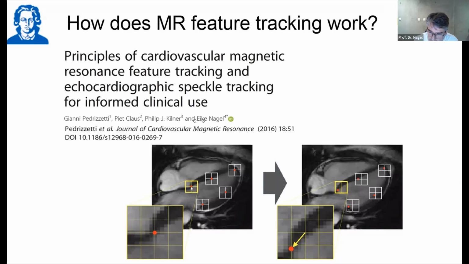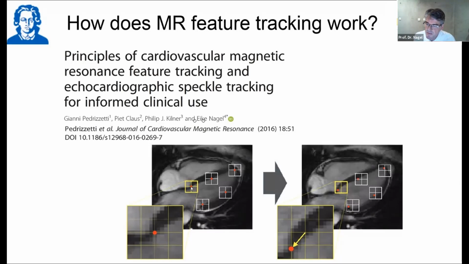In contrast to echo, MR doesn't have any speckles. So we can't do speckle tracking because the signal we get from the myocardium is actually quite homogeneous. So what we actually do in MR is we use feature tracking, and that is in principle focusing on endocardial features of the myocardium, such as the mitral valve plane, the apex, the insertion points of the papillary muscles, and other endocardial features.